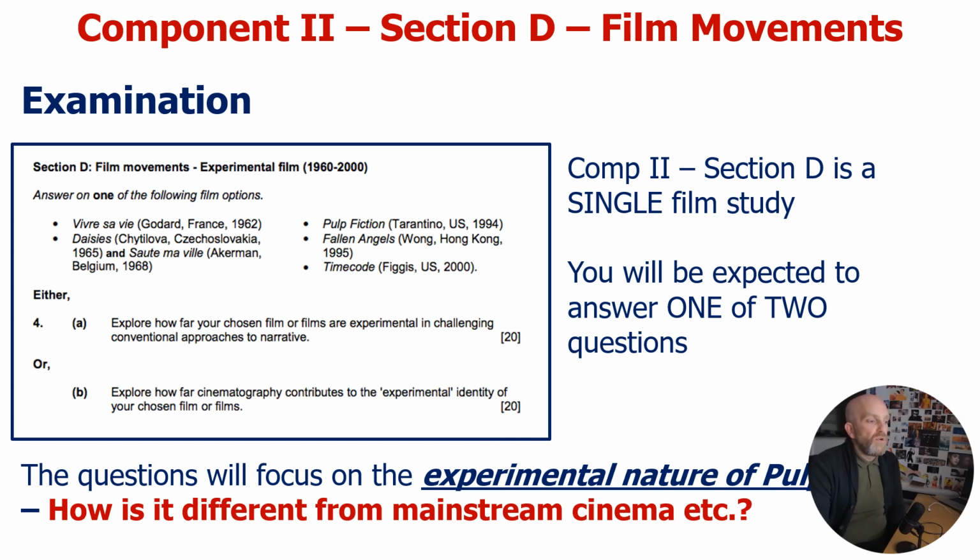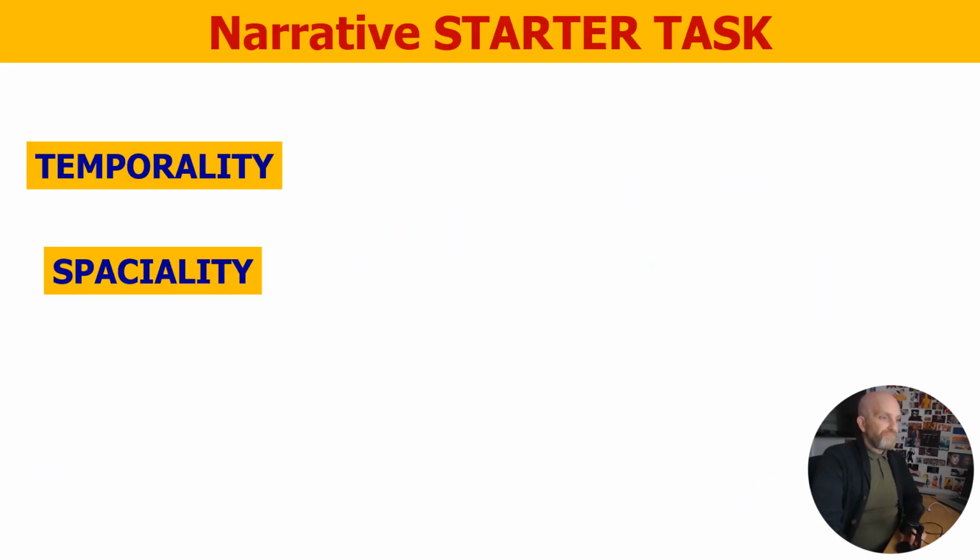So your job is to show how this is experimental, and you must focus analysis on experimental narrative. Now that's a bit easier for this film than Auteur, because everything about this narrative is experimental, whereas the Auteur students can find themselves losing marks because they talk about Tarantino's Auteur status, but they don't frame it as experimental or focus on the experimental nature of his work. So let's get into it.